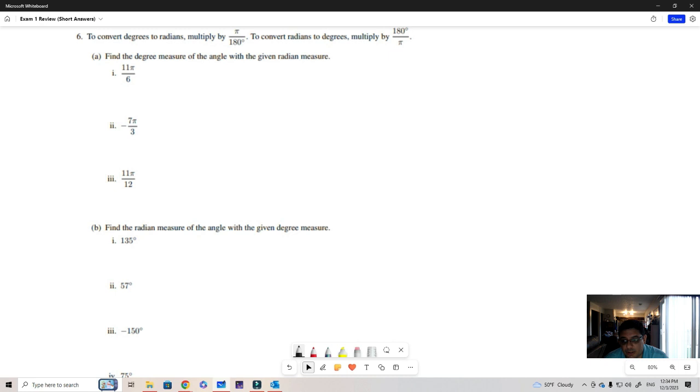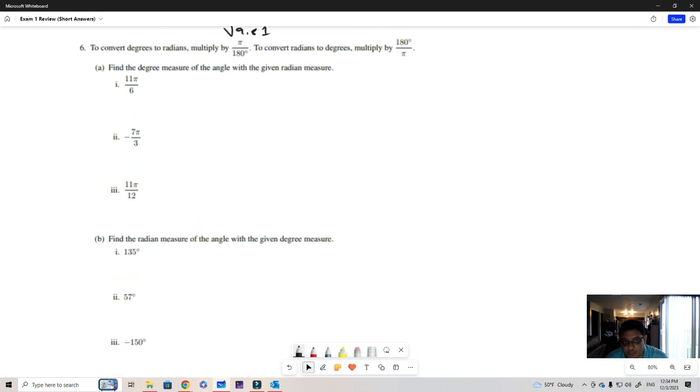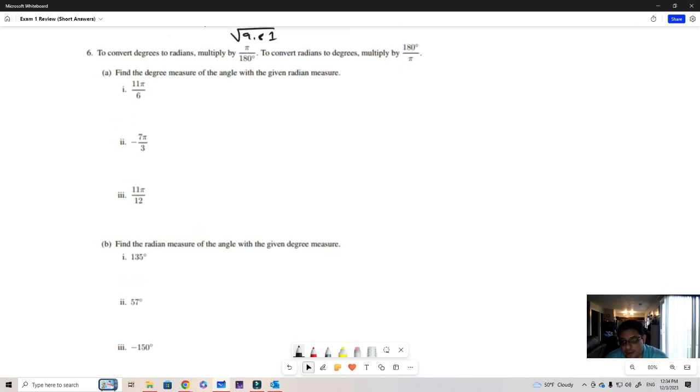Now, question 6 in both A and B is a matter of making transformation between degrees and radians. So here we have radians, so we're going to transfer that to degrees. And here we have degrees, we're going to transform that to radians. To transform from radians to degrees, we multiply by 180 over pi.